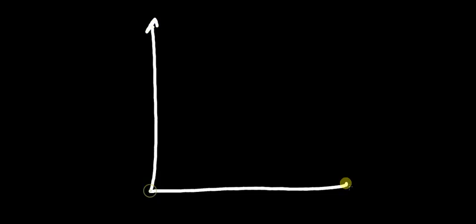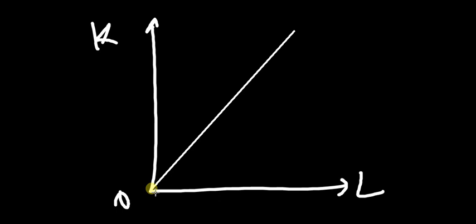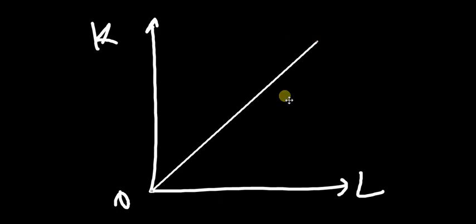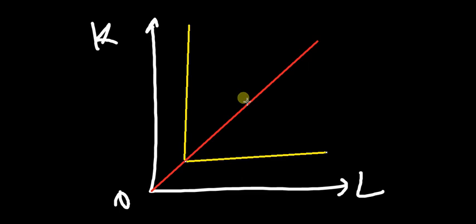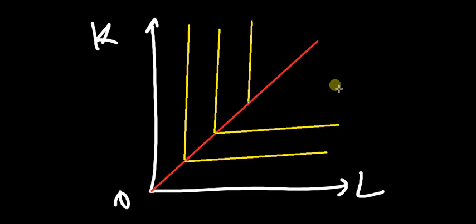So this is the 45-degree line, and all my isoquants will be like this. So these are my isoquants. Okay.